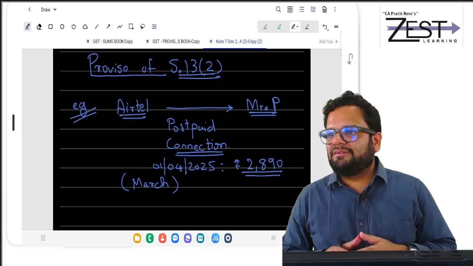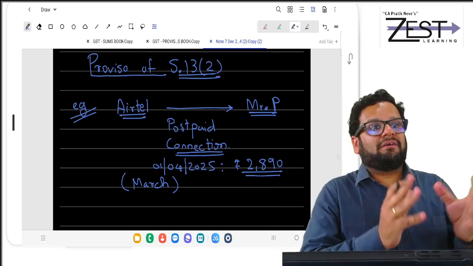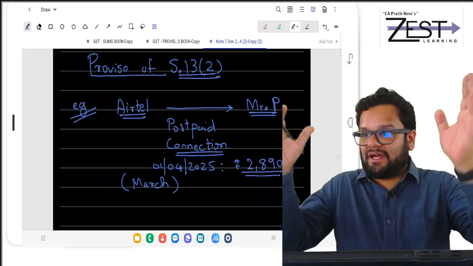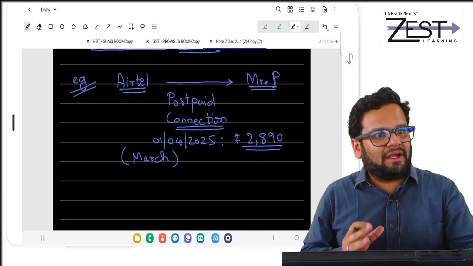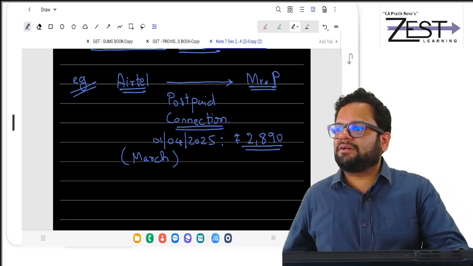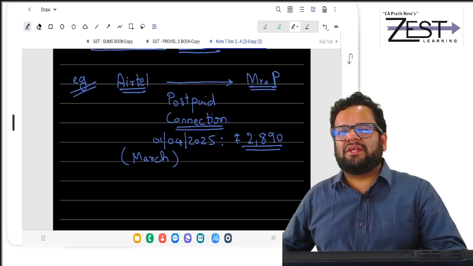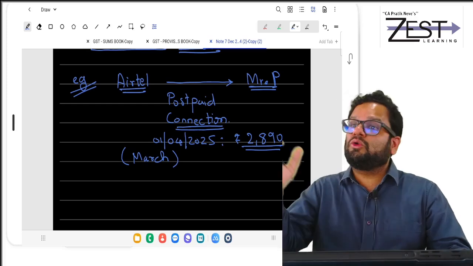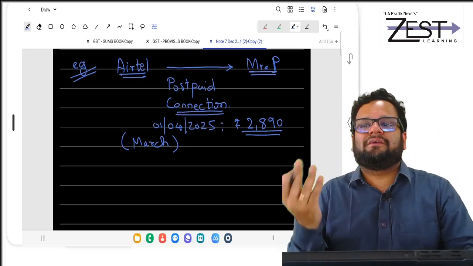Clear till this point? Now what happened? I am traveling and now I suddenly realize I have to pay this bill. And now I forgot the amount. I don't have patience to check. But I remembered it's 2,800 and something. I don't want to take the risk of defaulting.